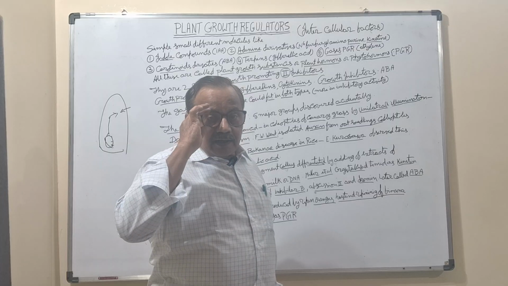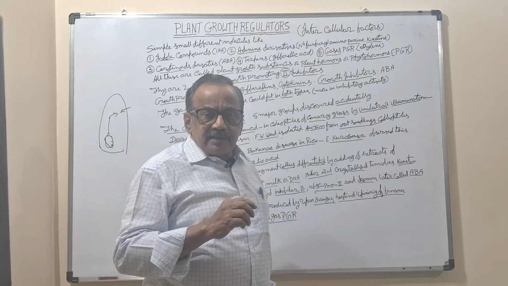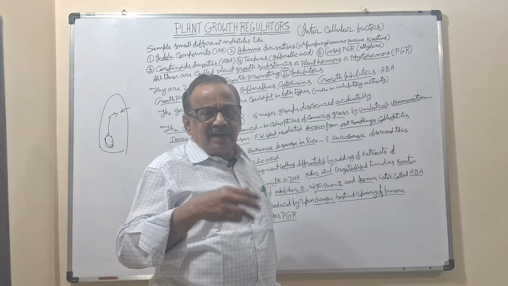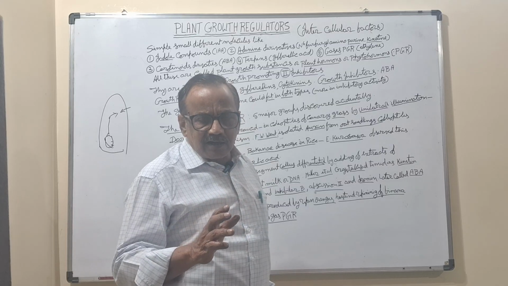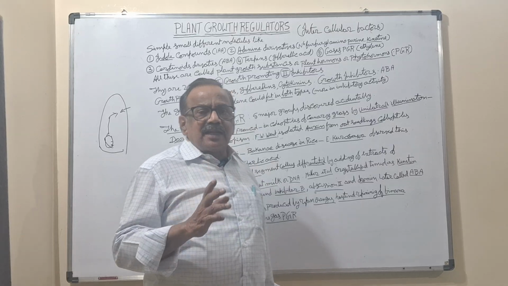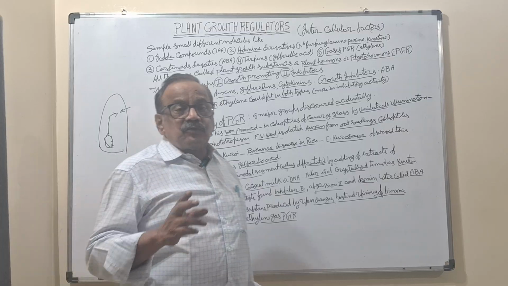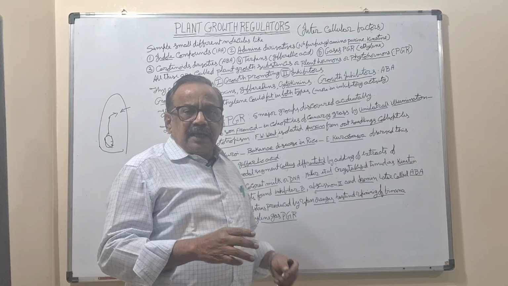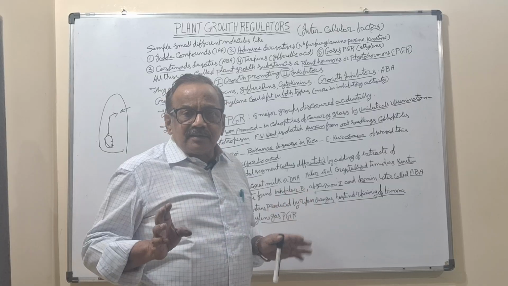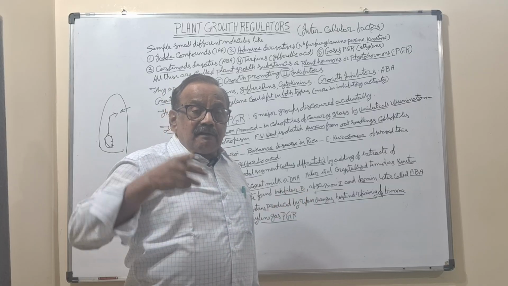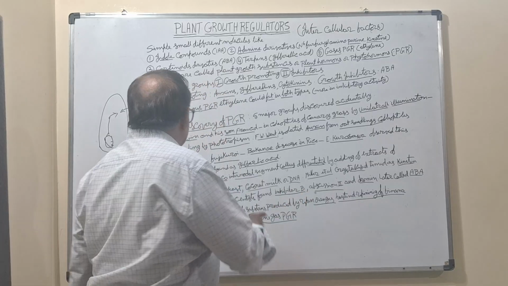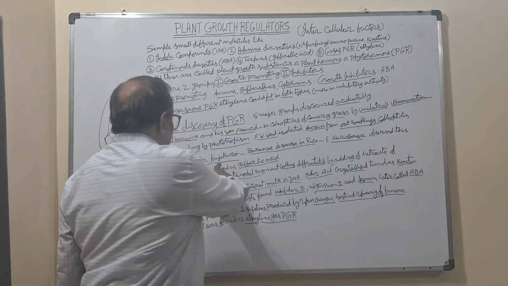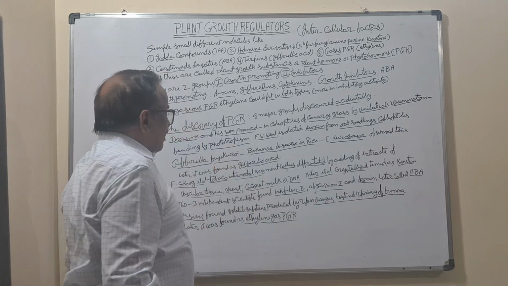In the rice plant, some of the seedlings would show a very elongated stem and could not survive later on. Such a disease is called Bakanae disease, the foolish seedling disease. Means they grow tall but don't have strength. And that is caused by the fungus Gibberella fujikuroi.